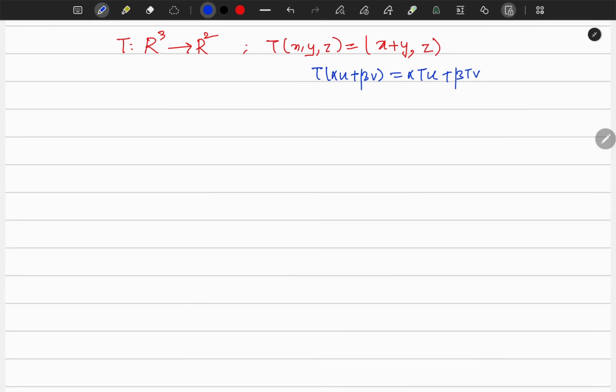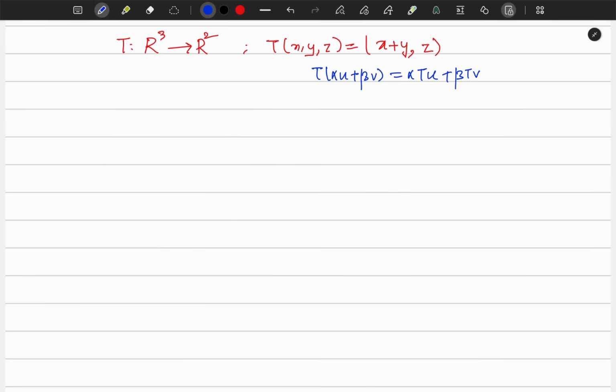Then they may ask you to find its range and its kernel. I have shown you in the videos, please go through those videos. That's very important. I've shown that the range space is spanned by the image of the basis of the domain, and for the kernel we equate it to 0. So I will show you everything here.